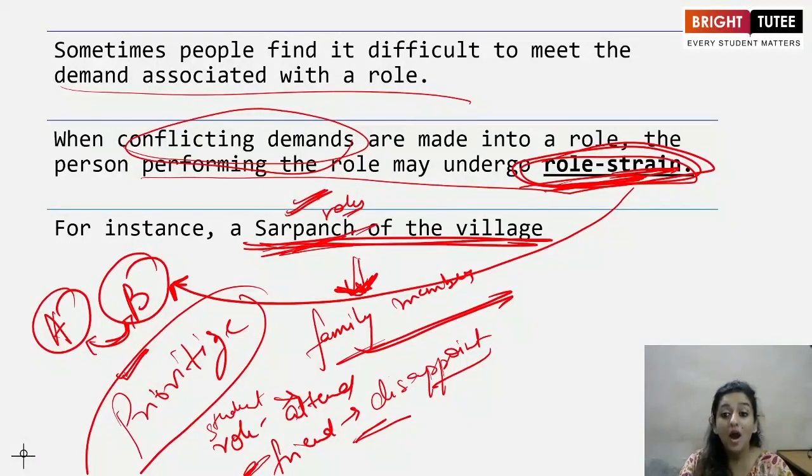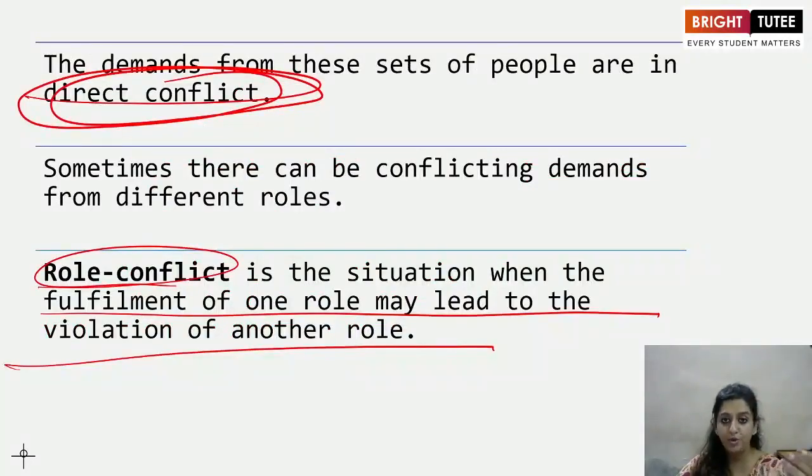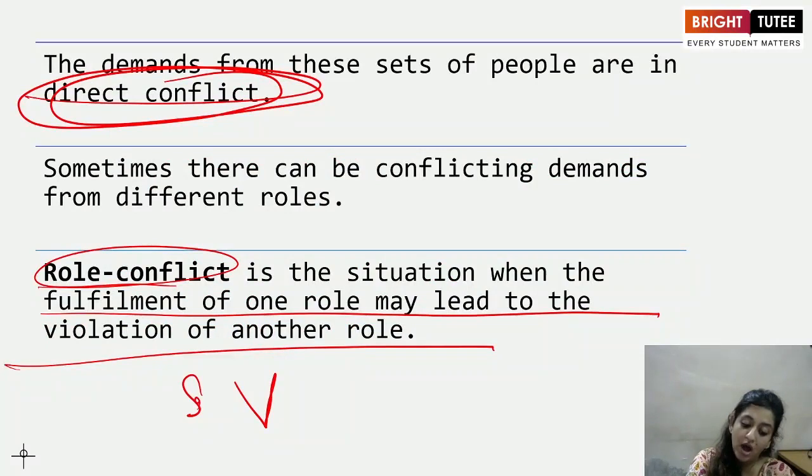So how will they be justifying, or how will they be coming out of this particular scenario of role conflict, is what role conflict means. Because you have to take one route: either you are taking care of the responsibilities of the sarpanch, or you are taking care of the responsibilities of being a father or a mother.